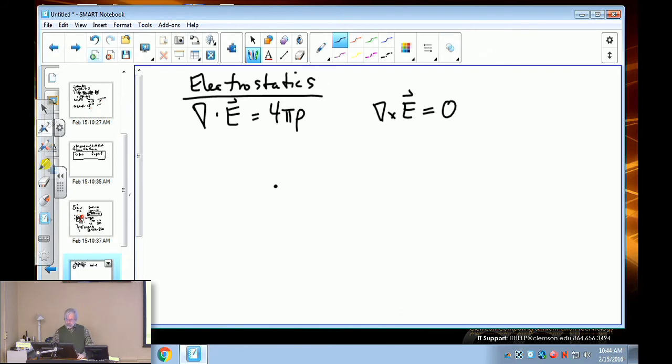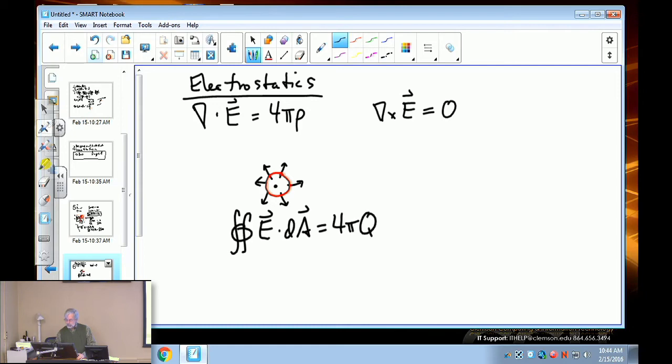So we had examples of bodies where the electric field would point out from a point charge or a line charge or a plate charge. The electric field is pointing straight out. And you could see that there's some region here that's diverging out of that point. And the way we could measure that was to look at the flux coming out of an area. And by Gauss's law, this was proportional to the charge enclosed in the volume.